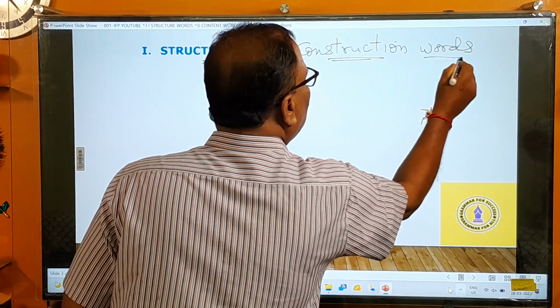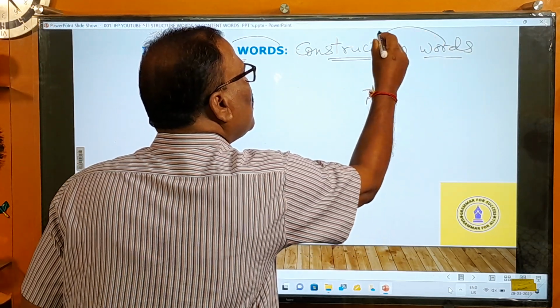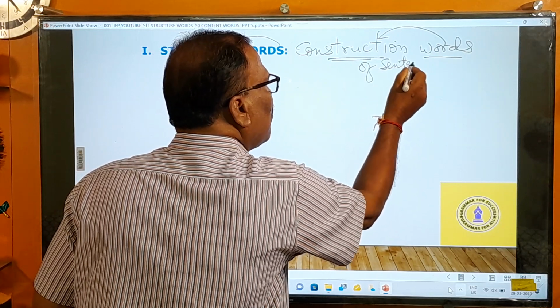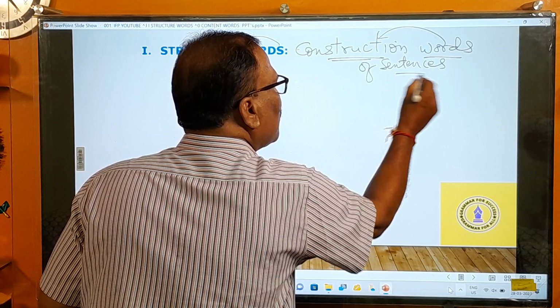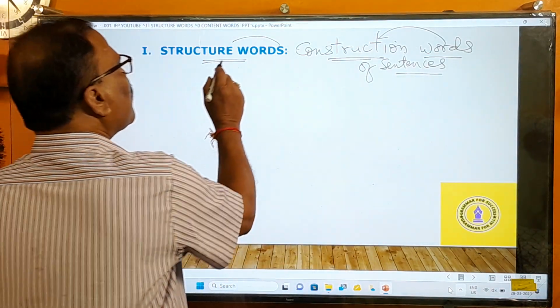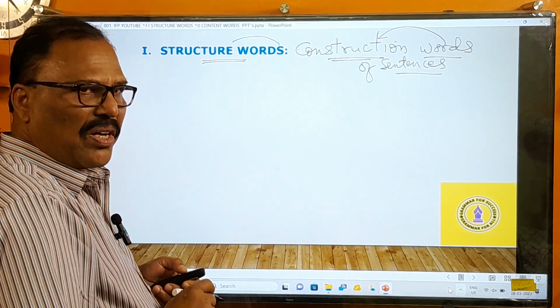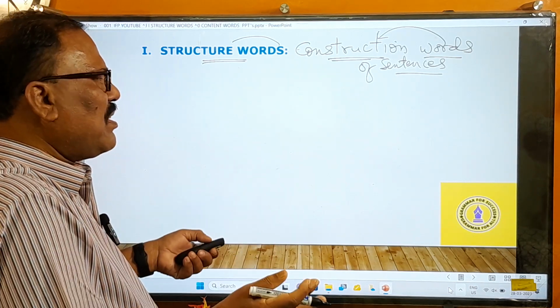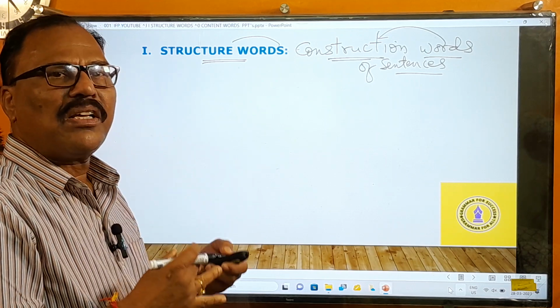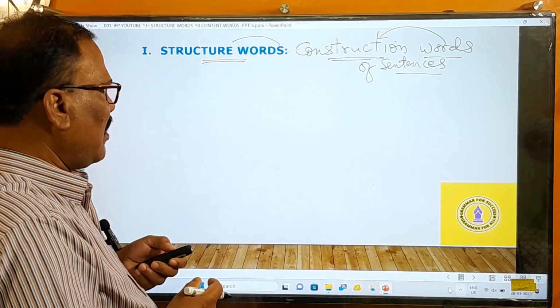Construction words means what? Words used in the construction of sentences. Okay? That is why they are called structure words, right? Structure words or construction words.